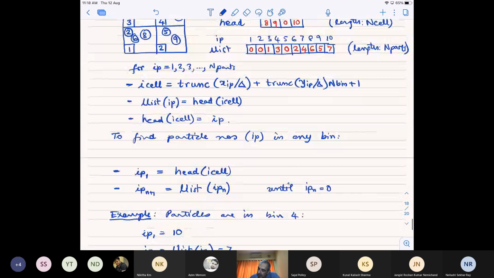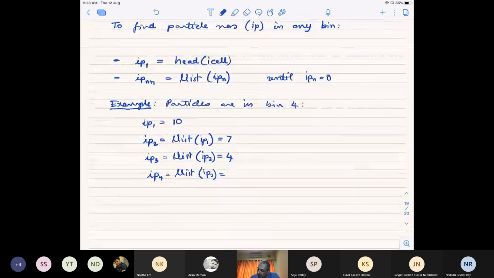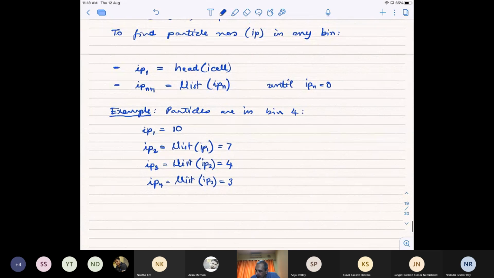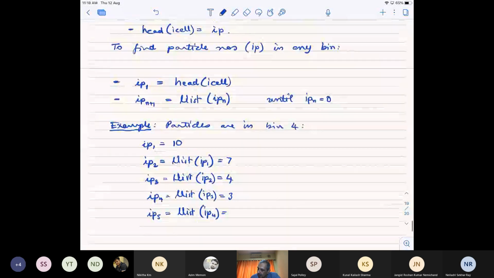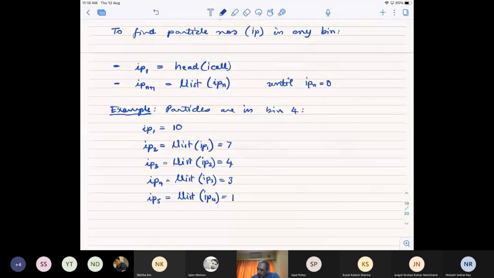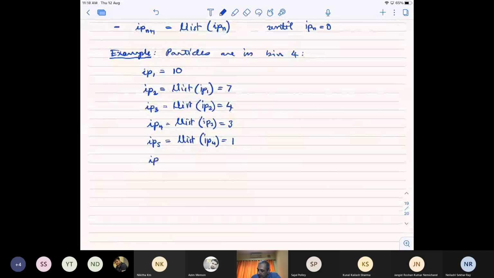So L list of 4 is just equal to 3. And then IP5 is equal to L list of IP4. If you look at this, L list of 3 is equal to 1. And then IP6 is equal to L list of IP5.